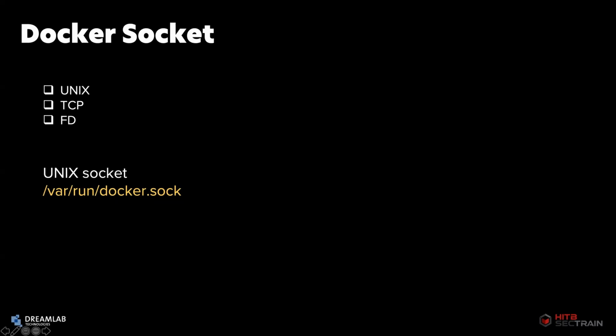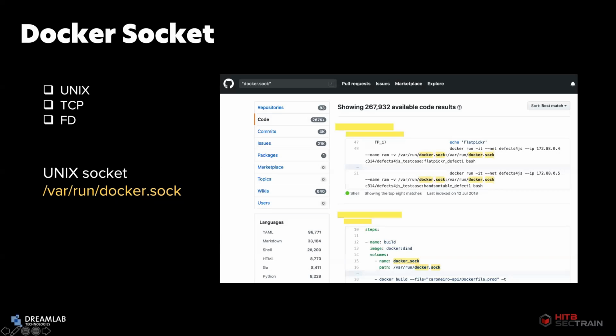As we search on GitHub, there are more than 260,000 projects that bind-mount the Docker sock inside containers. And this practice is a little bit dangerous because an attacker who compromises a container with the Docker sock bind-mounted can talk to this socket and take control of the whole cluster in most cases.